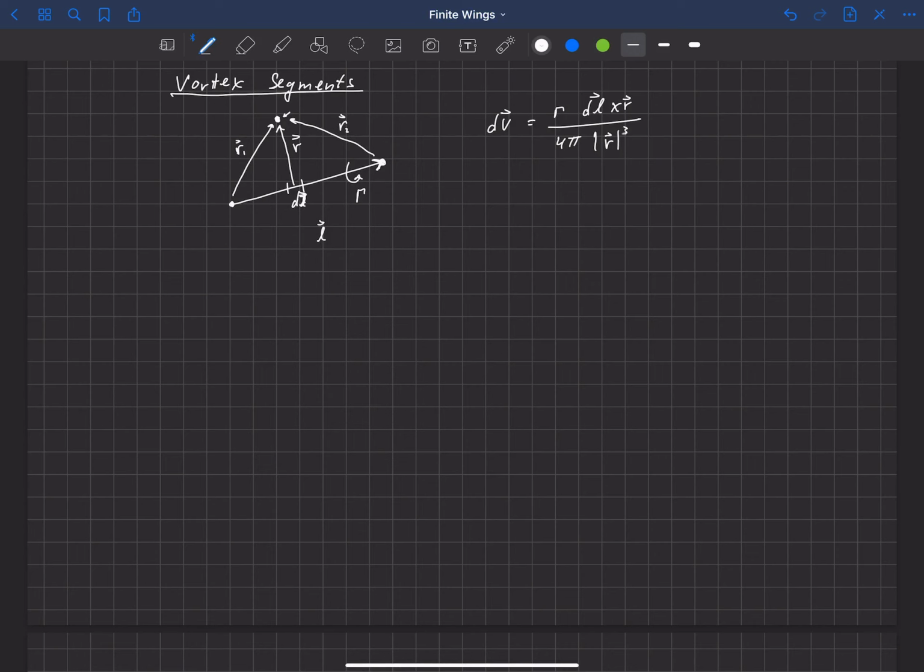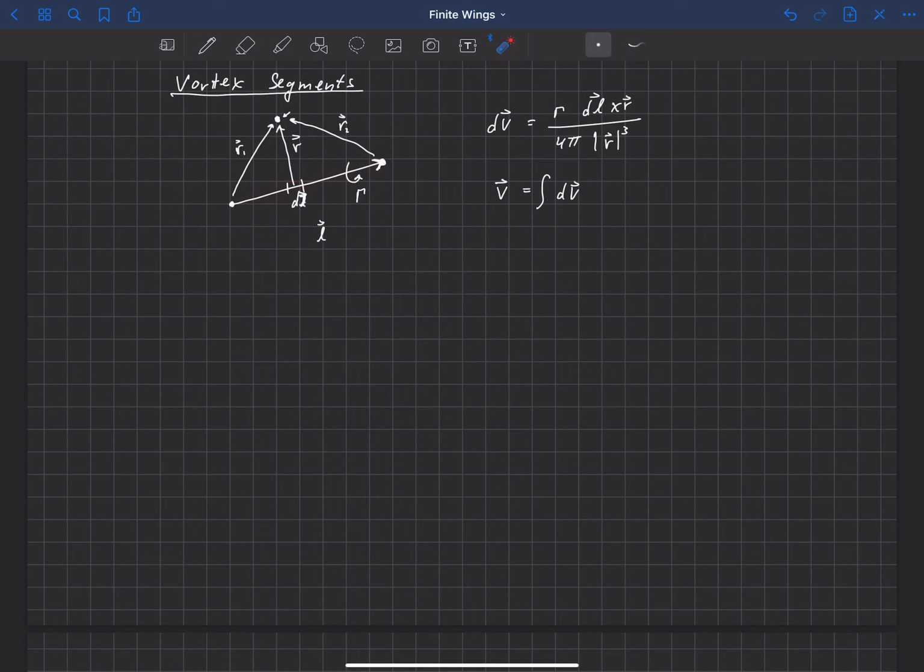So this is the differential velocity induced at this point by this segment here. What we want to do then is simply integrate to get the whole velocity. It's simply the integral of that differential velocity as we integrate across the length of the segment.